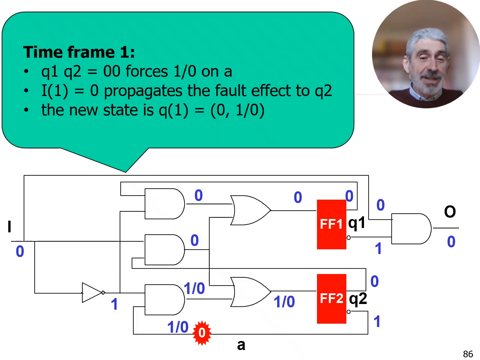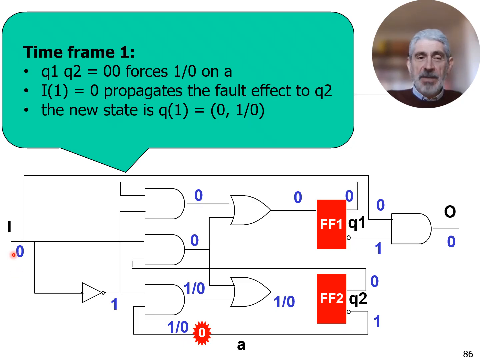Now, once the fault is excited, I need to propagate it to the output O, because this is the only visible point in my circuit. In order to do so, I will try to propagate the error as much as possible, but the only thing I can do in one clock cycle is to propagate the error up to the input of flip-flop number 2.